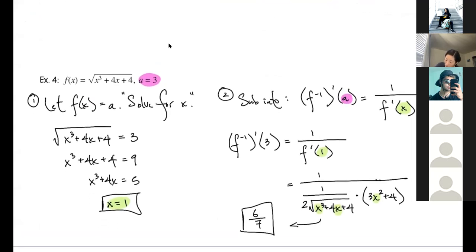Okay, so this is sort of the solve for x in quotations, where we get all the way down to here, x cubed plus 4x equals 5. But instead of solving it algebraically, we're just plugging in nice numbers for x to see what makes it work.